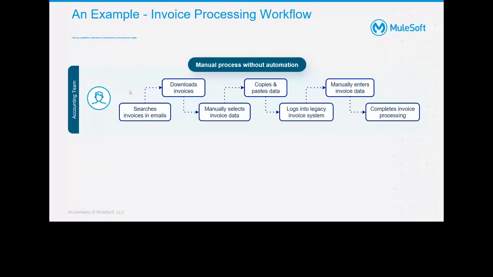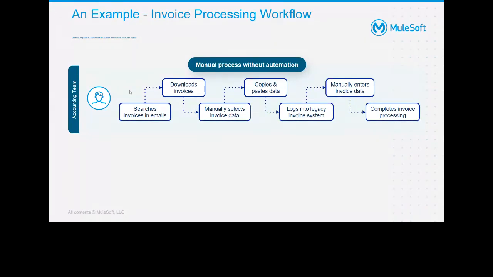So let's take a classic example in industry where we do an invoice processing workflow. What are the different steps, or the manual activities, that the accounting team does? It's very cumbersome, and this whole process of invoice processing is sometimes error prone and very repetitive.